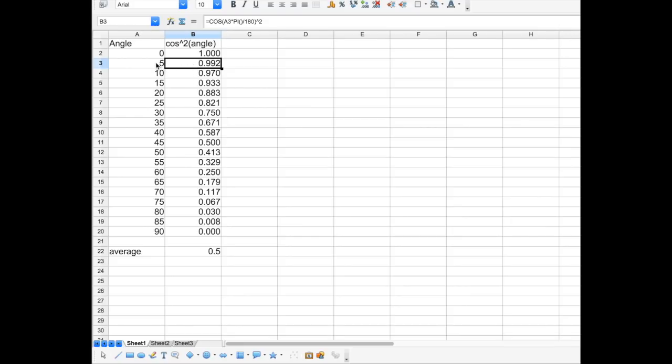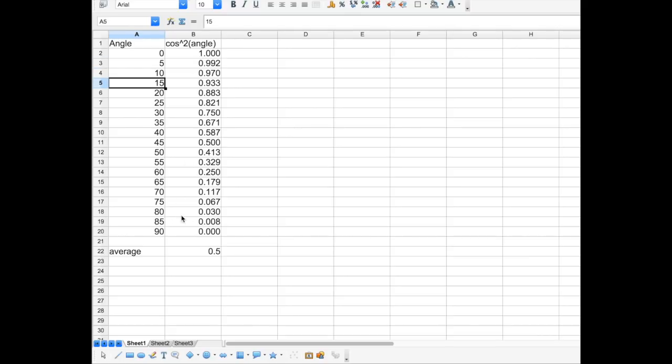Because what I can do is decompose the light that's at 5 degrees relative to the transmission axis into a component that's parallel to the transmission axis and a component that is perpendicular to it. And the component that's parallel gets through. The component that is perpendicular, which turns out to be just 0.8%, gets blocked.